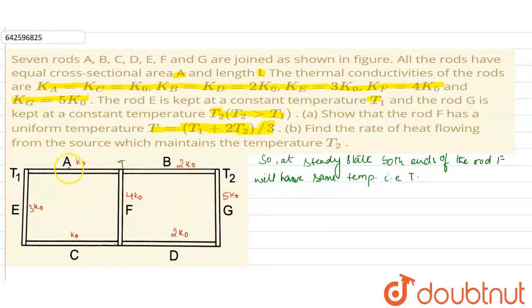That is, the heat flow from the rod A plus from the rod C will be equal to the heat flow from the rod B plus the heat flow from the rod D. So Q from A plus Q from C will be equal to Q from B plus Q from D.